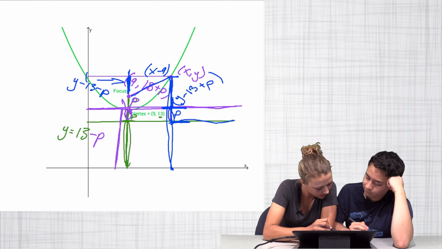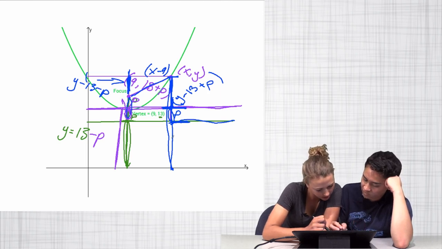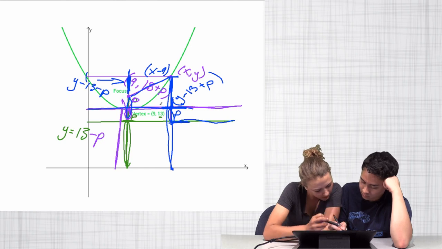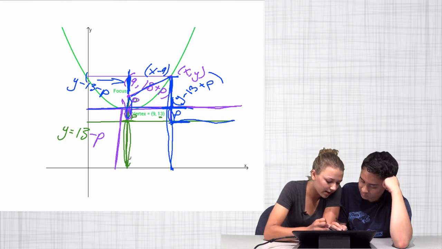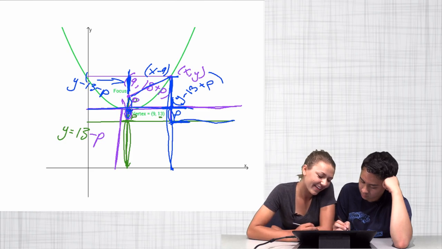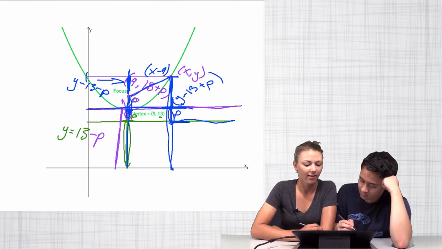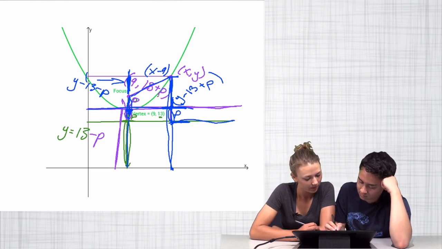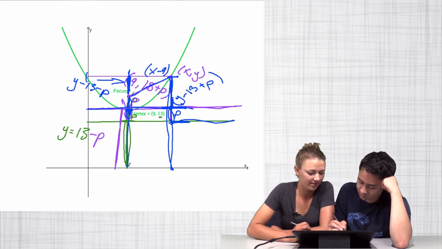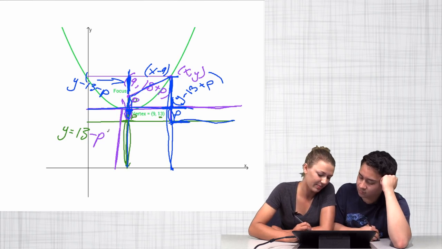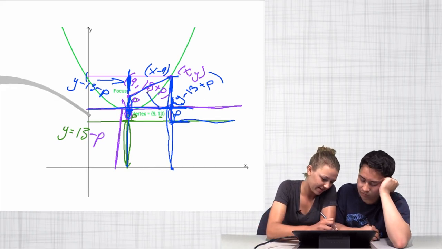Because here's our 13, so we're subtracting, and then we have to subtract more, because our vertex is somewhere right there. So minus that 13 from there to there, and then minus that p right there. So we have all of our sides. Because this one is the same as that one.